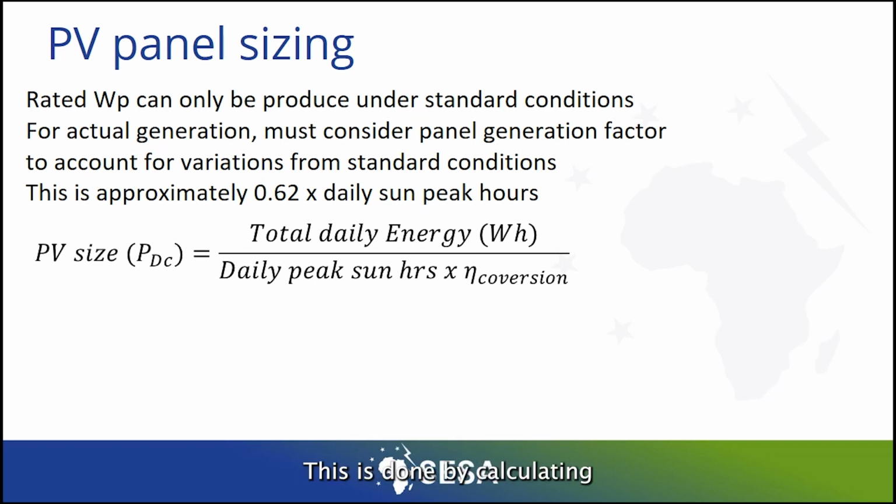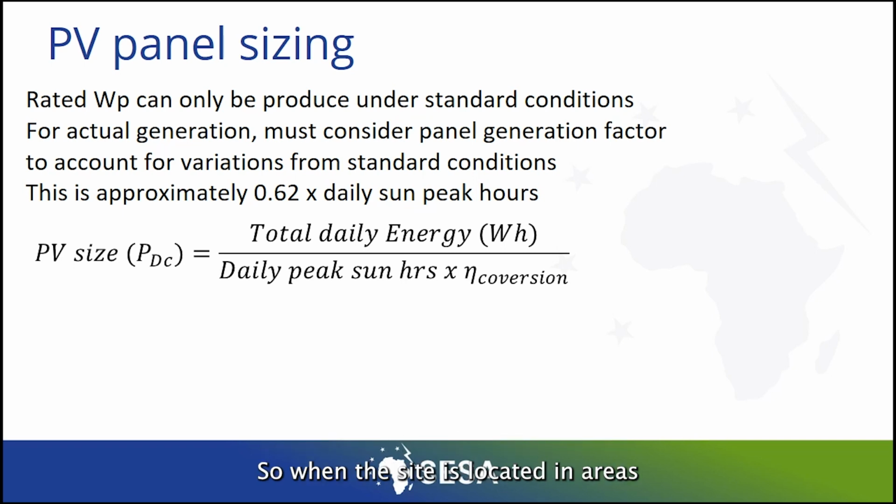This is done by calculating the panel generating factor, which I sometimes refer to as the efficiency of conversion, to account for this variation. In fact, corrections may include 15% for temperatures above 25 degrees Celsius.